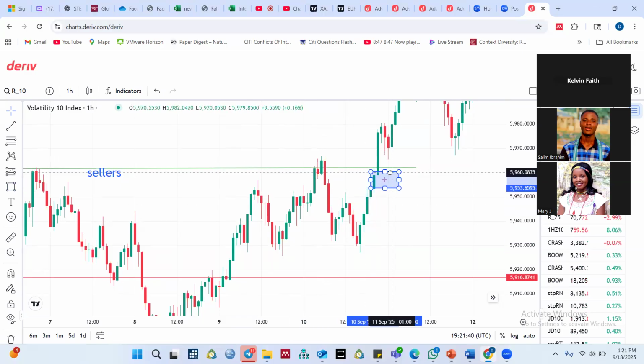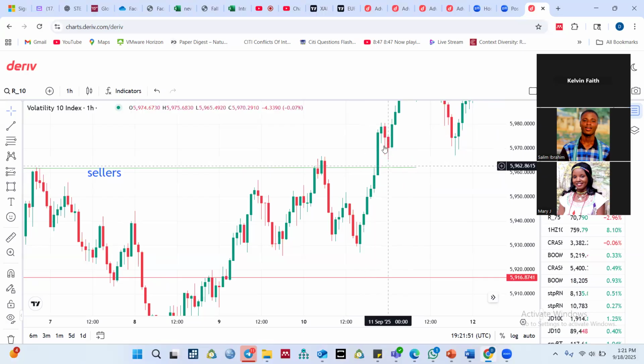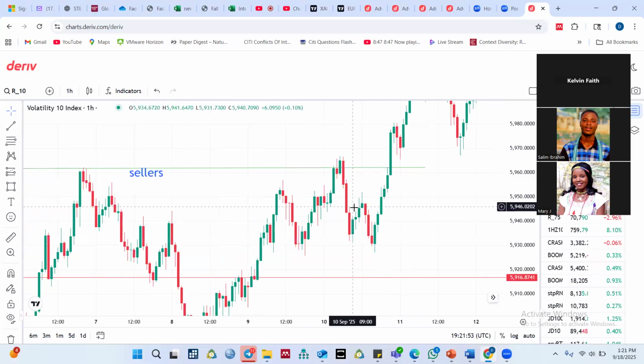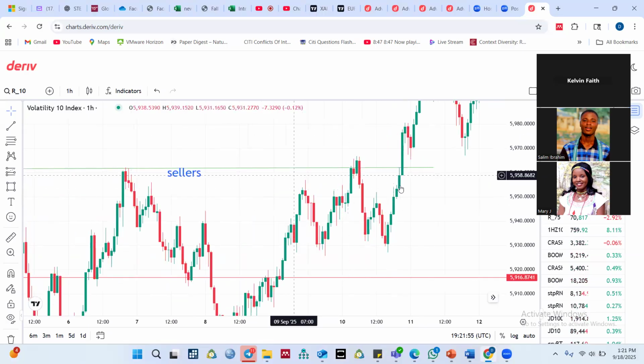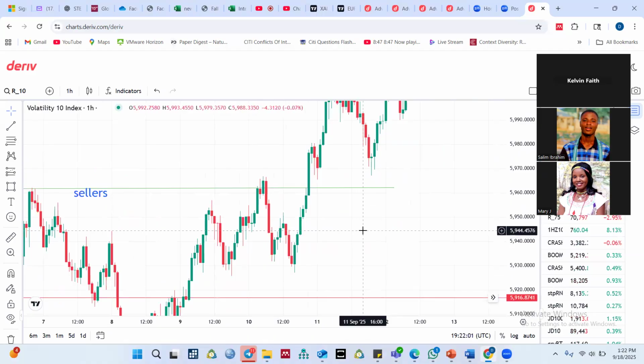Price comes back to it again. Look at this momentum. Look at this candle that closed above the line. So once you saw this big candle happening to sweep this resistance off, this is the place where you should have been rethinking not selling again.